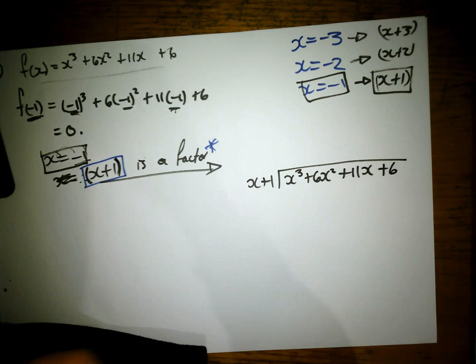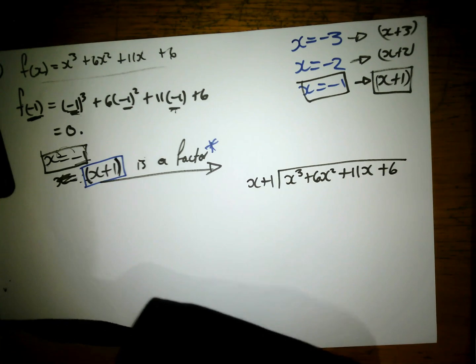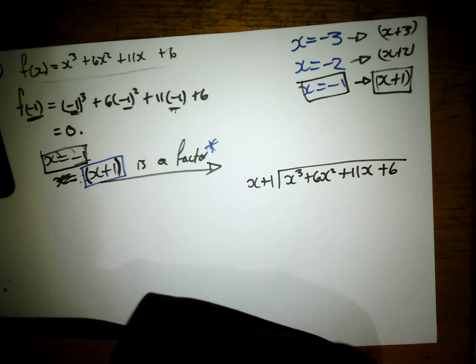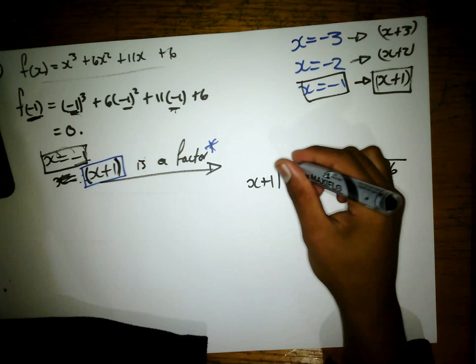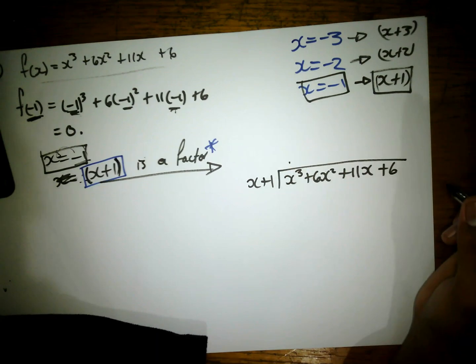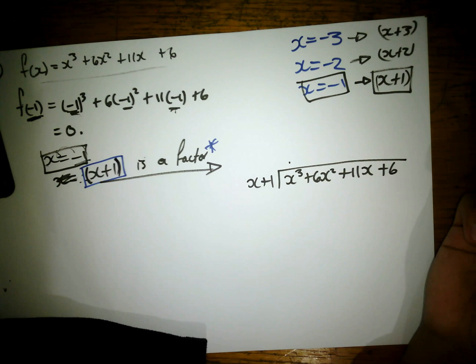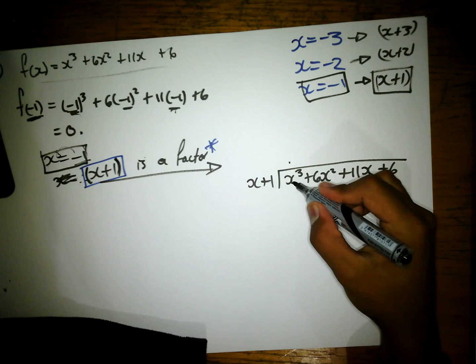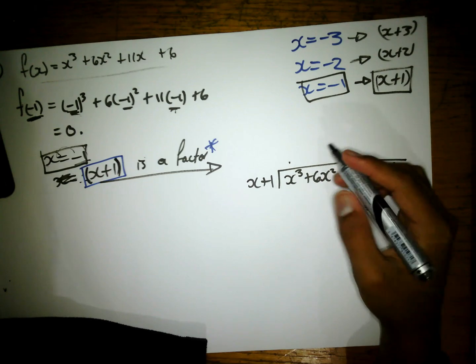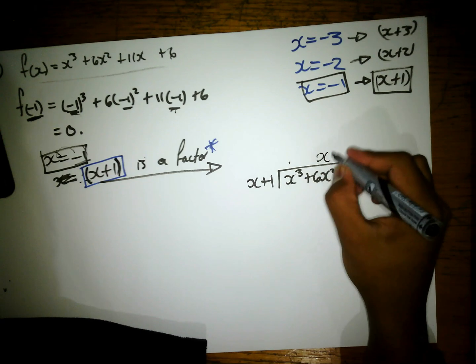Does anybody know how to divide with your factor? It's a very big thing in your factor and remainder theorem. So you need to put x squared on top. Yes, but why? Because you take your x on the outside and divide it into the x cubed on the inside. So x squared.